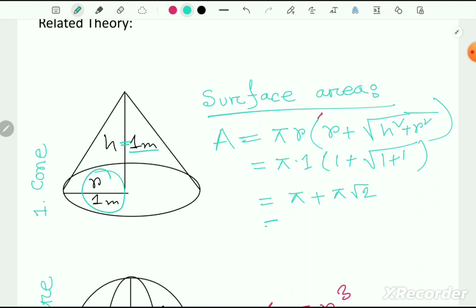So to quantify, this value is 3.14 plus 3.14 multiplied by 1.414. So it seems it's more than 7, more than 8, yes.